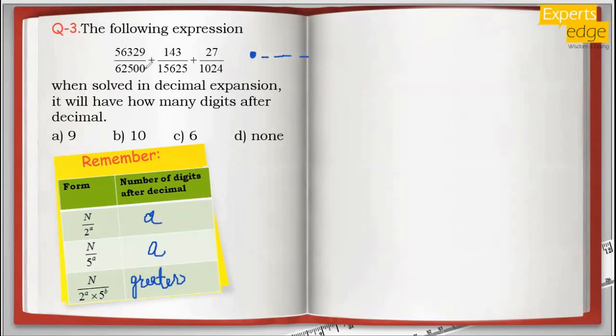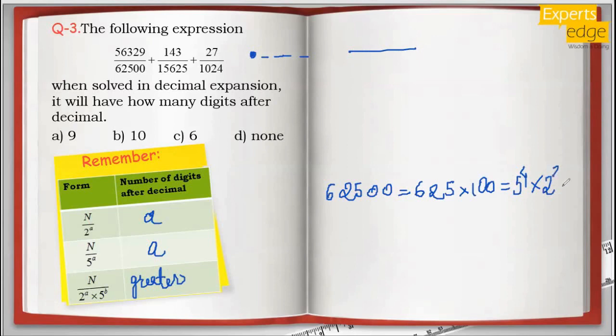Now just concentrate on the denominator part of it. 62500 can be written as 625 into 100, right? So basically it is 5 to the power 4, and 100 is 2 square into 5 square. So this is basically 2 square into 5 to the power 6.